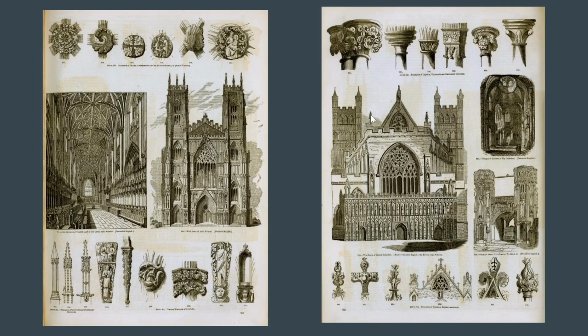Okay, so here are some examples of Gothic architecture. These are pretty much everywhere in Europe. I saw some in Spain. You can see some in France. You can see them even in England, Great Britain.